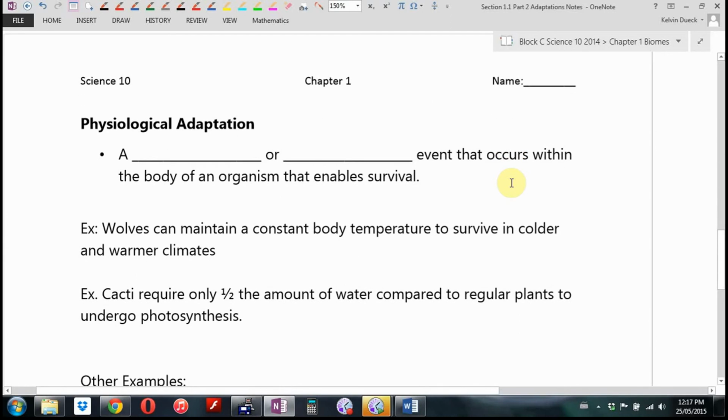What about physiological adaptations? This is a physical or chemical event that occurs inside the body of an organism that enables survival.